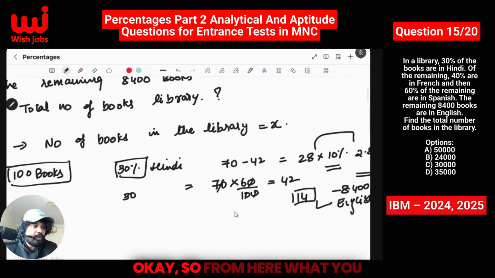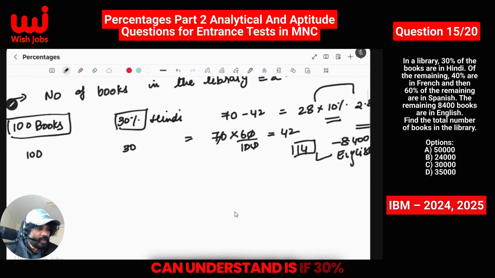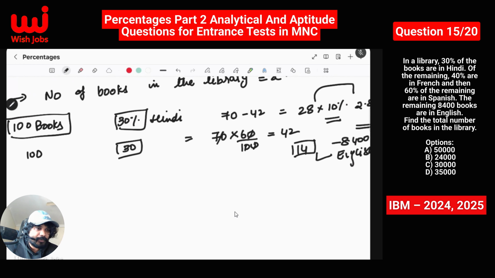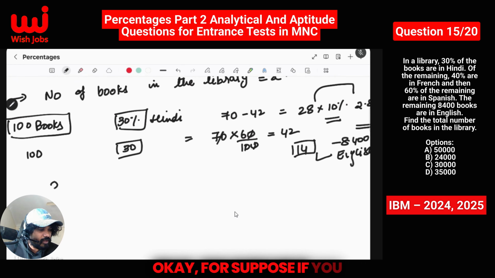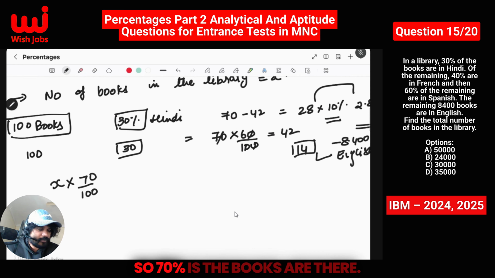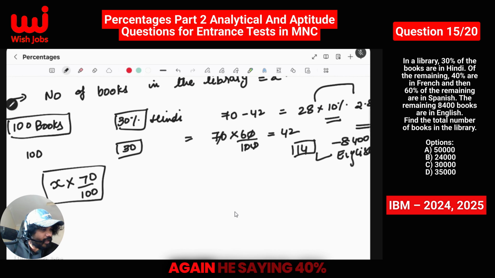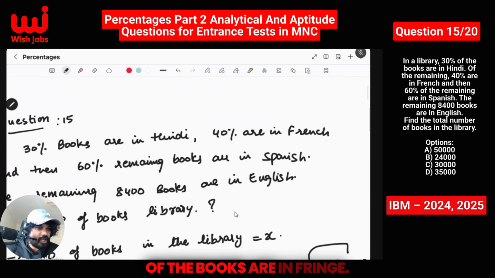So from here what you can understand is, if 30% of the books are removed, then 70% is remaining. Suppose you don't know the number of books; X is the total number of books in the library. If you remove 30%, you will have only 70% of the books. Again, he's saying 40% of the books are in French.